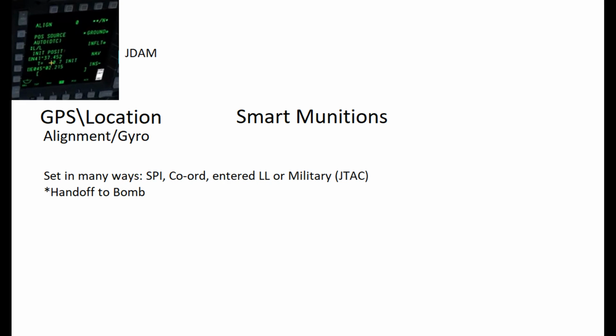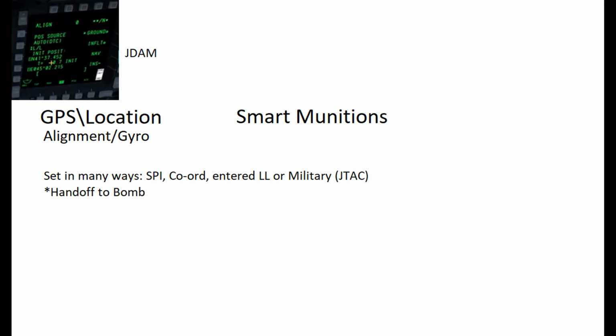Generally, if you set a SPI, a sensor point of interest, or enter it manually, it should hand it off to the bomb. But just remember, you need to be aware of when that handoff happens. Otherwise, you're going to try and pickle your ordnance, and it's not going to go anywhere.